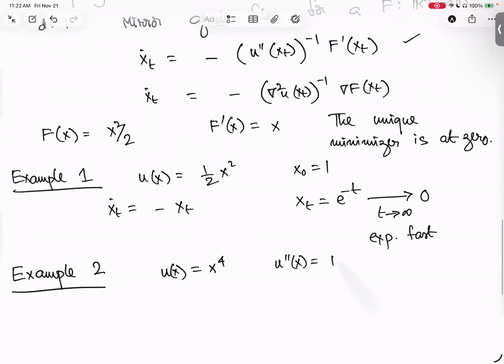Do you see what I'm saying? Does this make sense? This is an example whereby bending my space to create a new manifold, I have managed to make my gradient flow converge much faster.